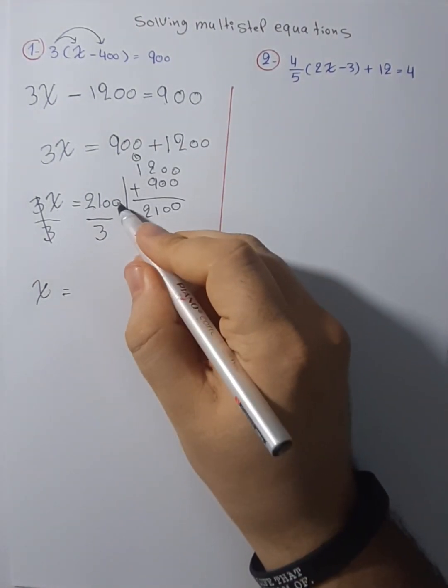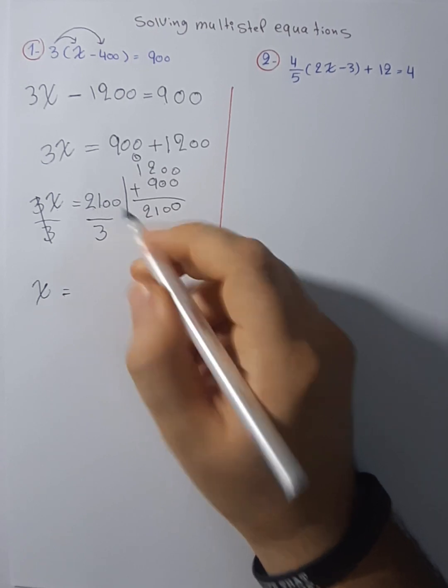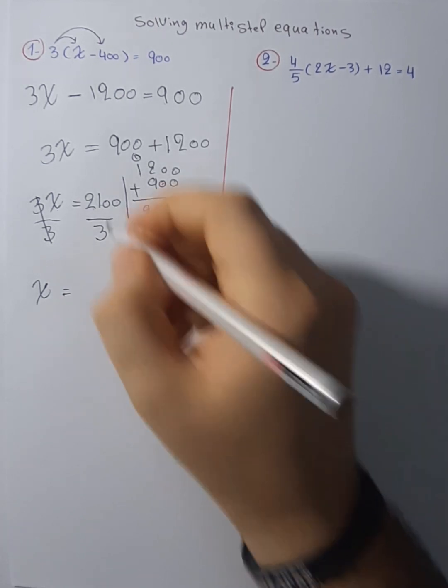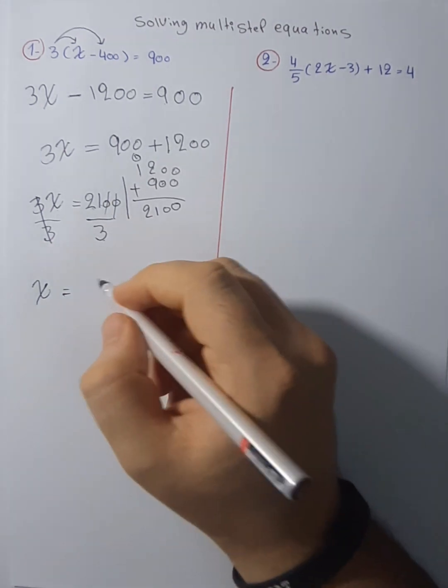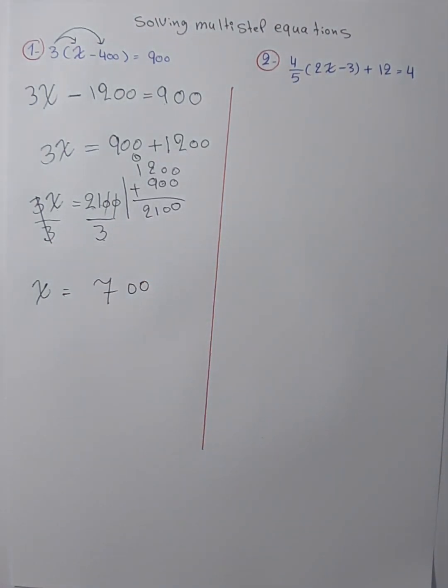In this division we can cancel these two zeros, and then 21 divided by 3 equal to 7. So the value of x is 700.